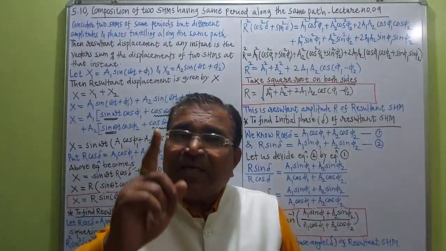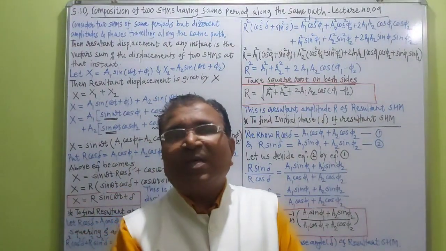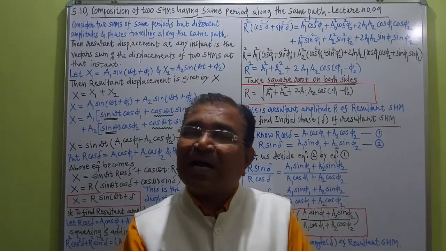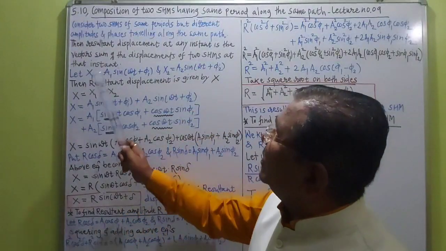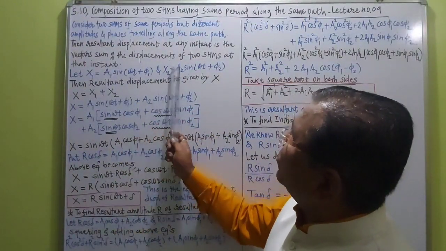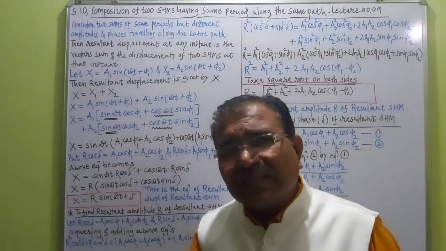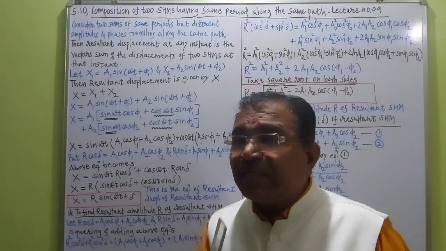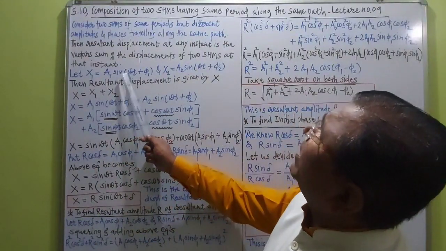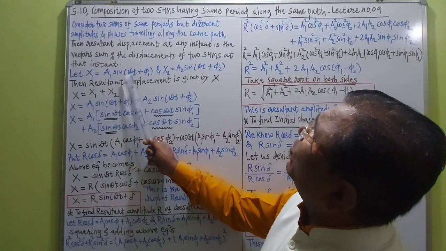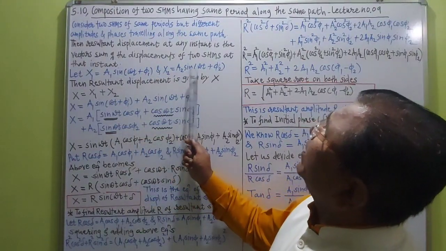Remember well again, the period remains the same, but amplitudes and initial phase angles are different. A1 and A2 are the amplitudes, phi 1 and phi 2 are the initial phase angles. They are different, but the period is the same, so instead of omega 1 and omega 2, it should be omega here and omega here.